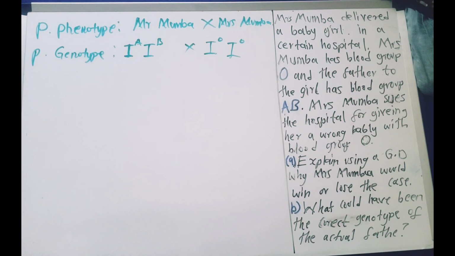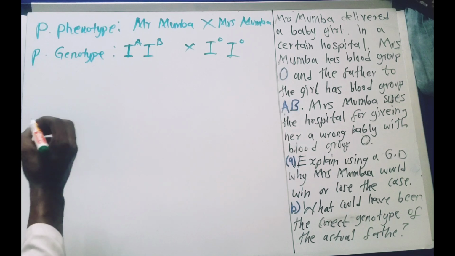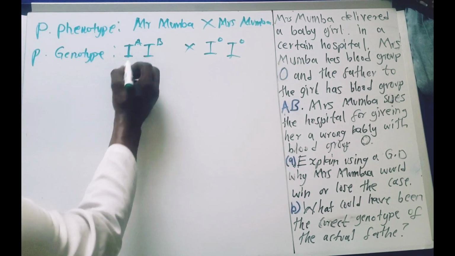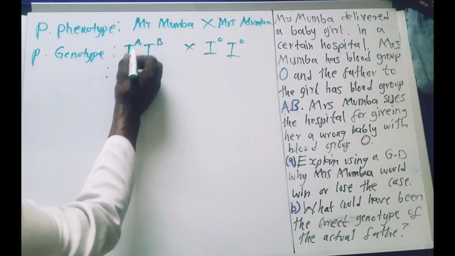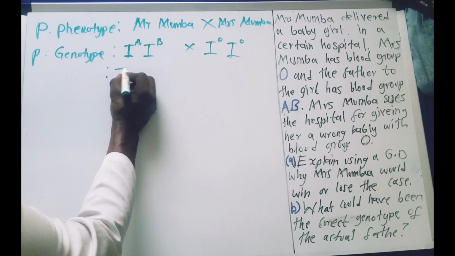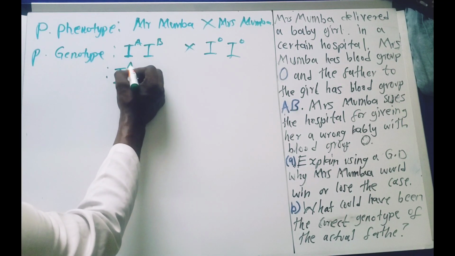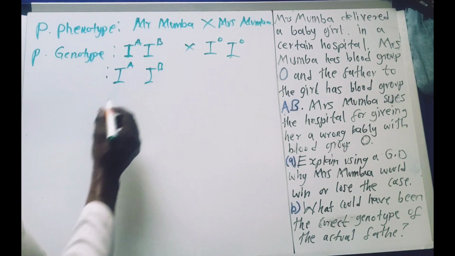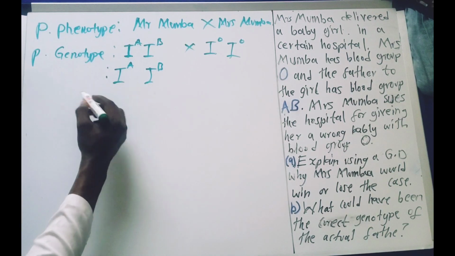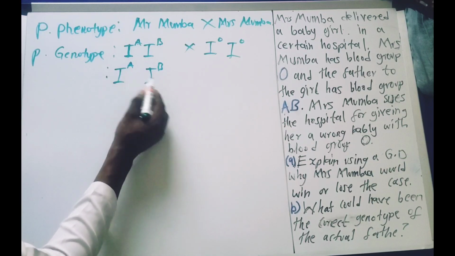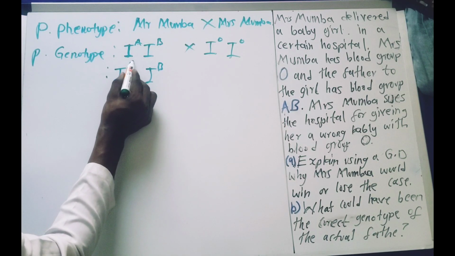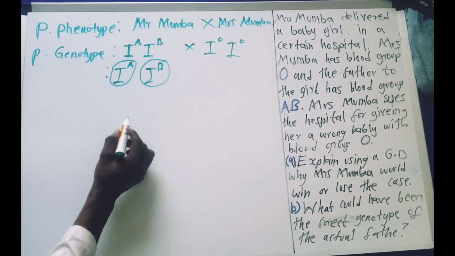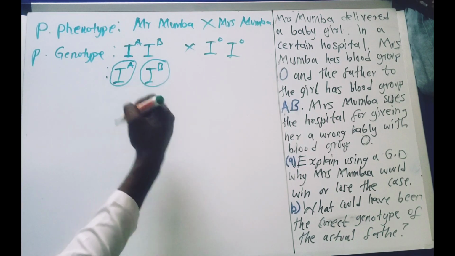Then we need to bring these things here, the genotype. So we will say this is I, leave a space, and say this is B. For these, you may leave them like this, or you may circle them. It's one and the same, but circling helps when we start crossing.